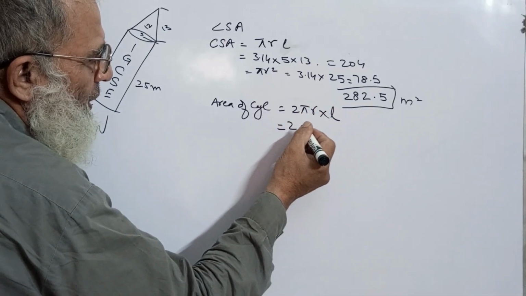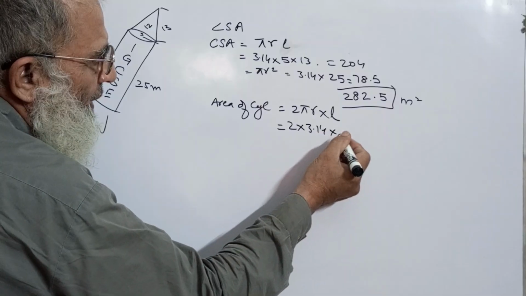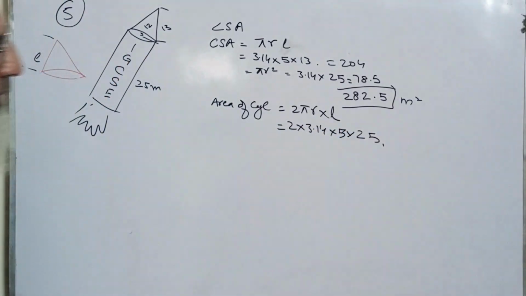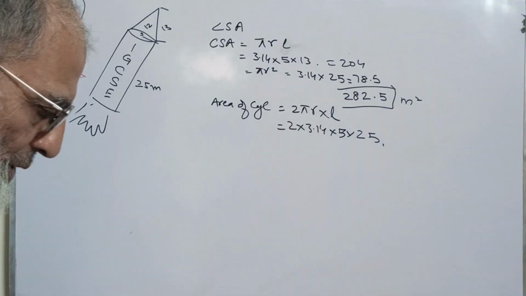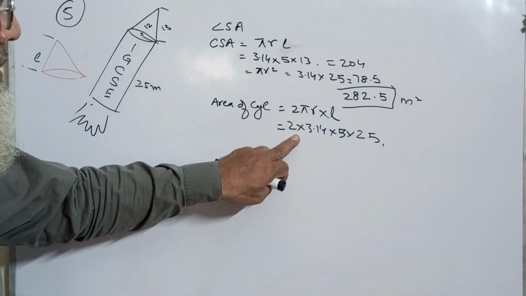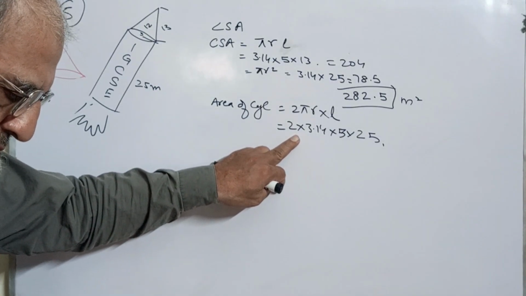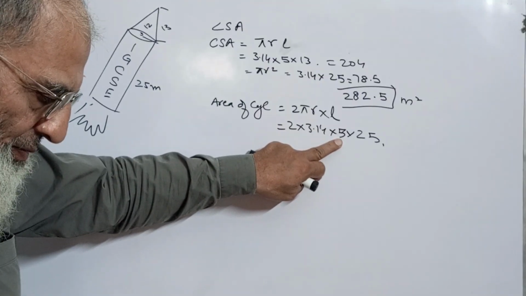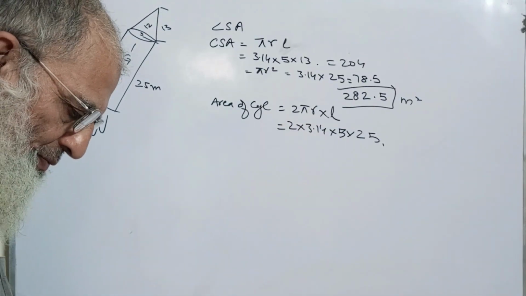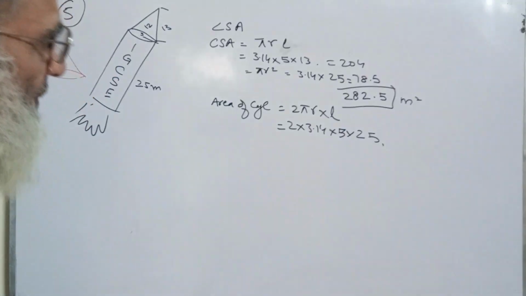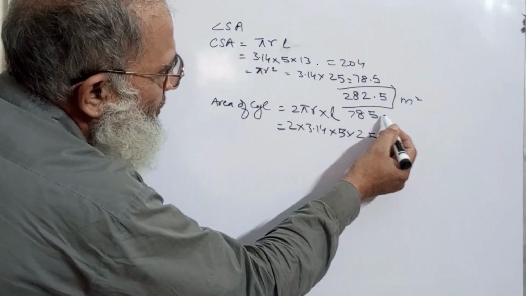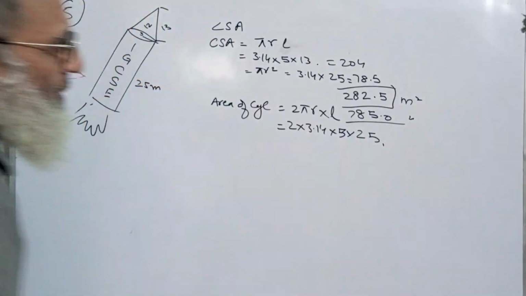That is equal to 2 into 3.14 multiplied by 5 multiplied by 25. Let me calculate it once again: 6.28 multiplied by 5 multiplied by 25 is 785 meters square.